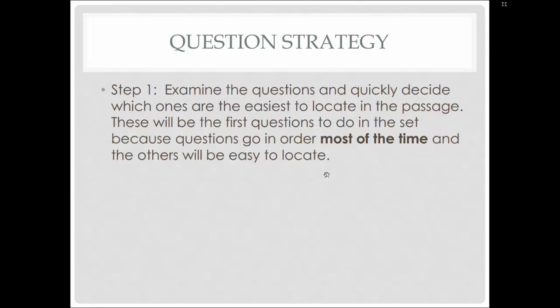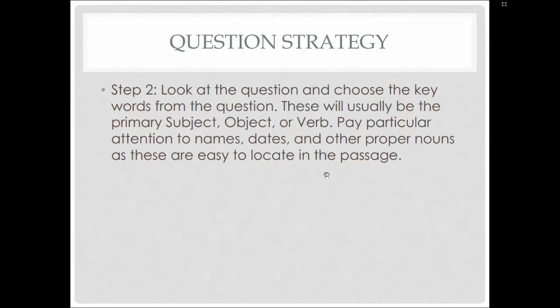Like I said, these questions go in order most of the time, but it is possible if you have two questions right next to each other that they will be reversed in terms of order. So you want to watch out for that. All right. So the basic strategy, we treat the question just like a fill the blank question. Go to the passage, locate the sentence that has the keywords, and then read that sentence and put what goes on the blank line.